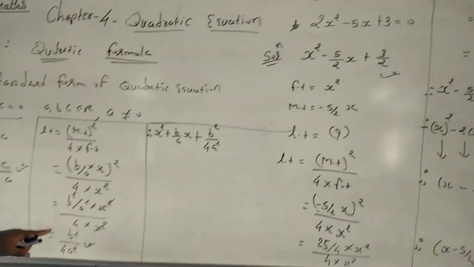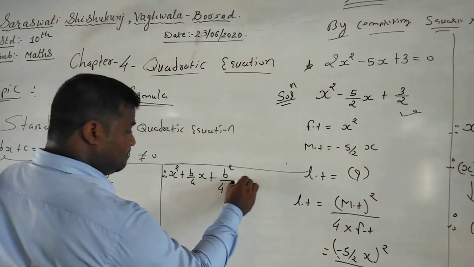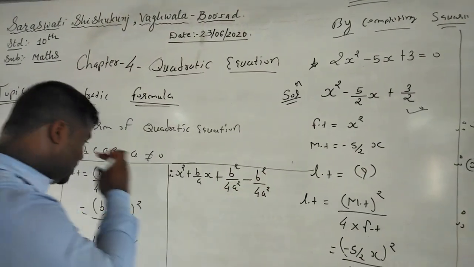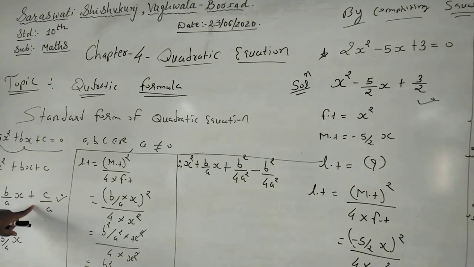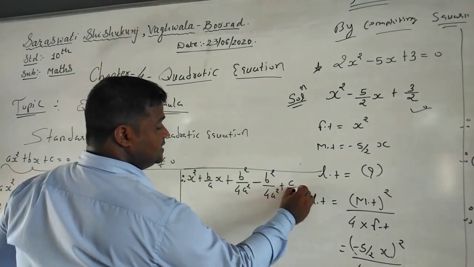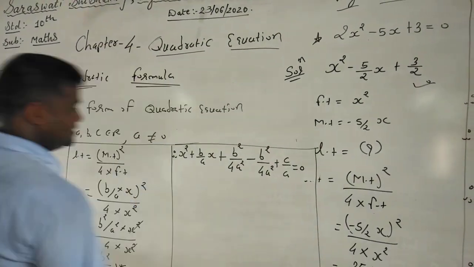According to the rule of completing the square, whatever we add, we always subtract: minus b square by 4a square. And in your original equation, plus c by a is equal to 0.